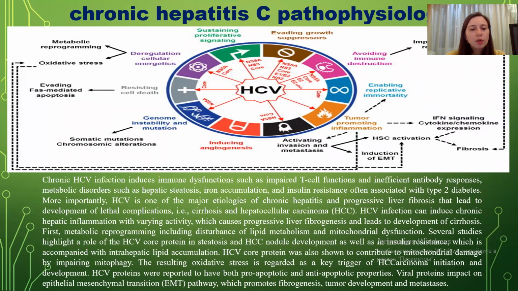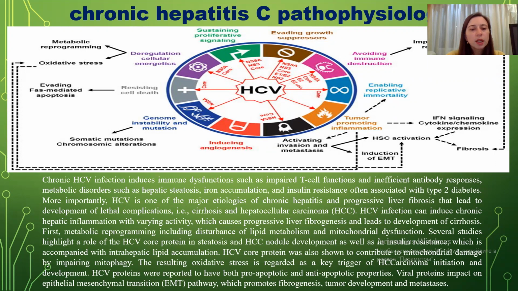Pathophysiology. Chronic HCV infection induces immune dysfunction such as impaired T cell functions and inefficient antibody response. Metabolic disorders such as hepatic steatosis, iron accumulation, and insulin resistance are often associated with type 2 diabetes.